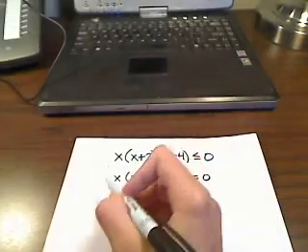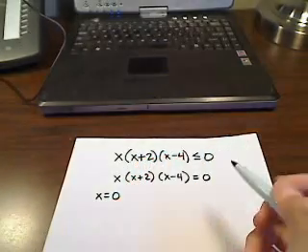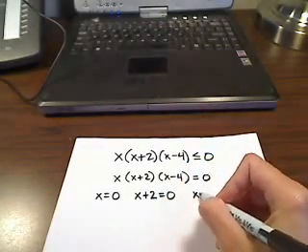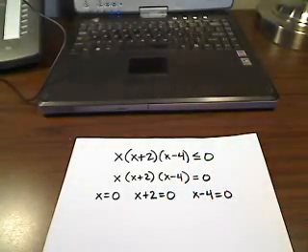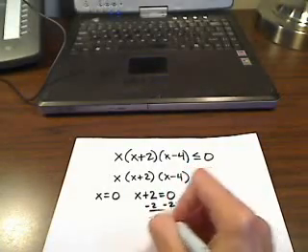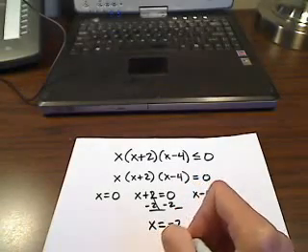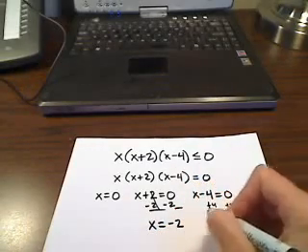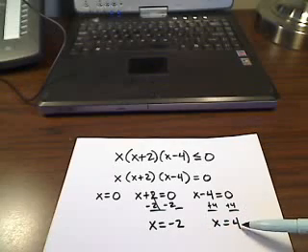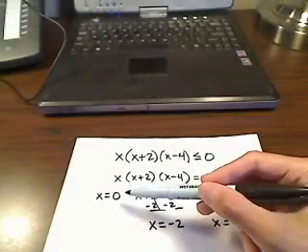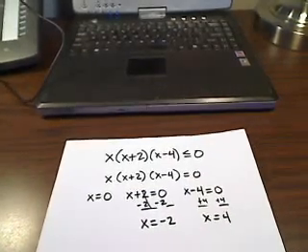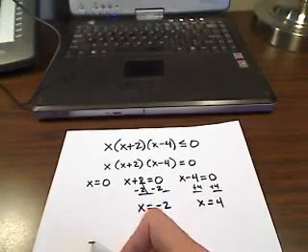So if I set each of these to 0, x equals 0, x plus 2 equals 0, and x minus 4 equals 0. Solving these, subtracting the 2, I get x equals negative 2, and adding the 4, x equals 4. So I have 3 values, 4, negative 2, and 0, that I'm going to use to break my number line up. And then I'm going to test different intervals on the number line.